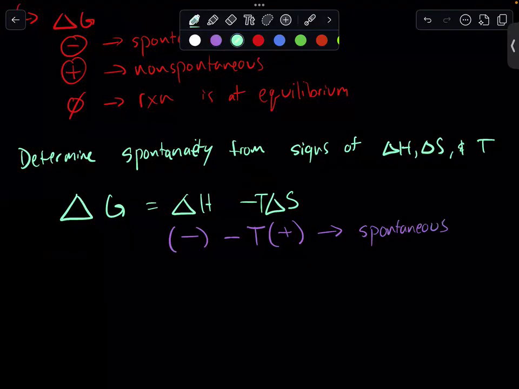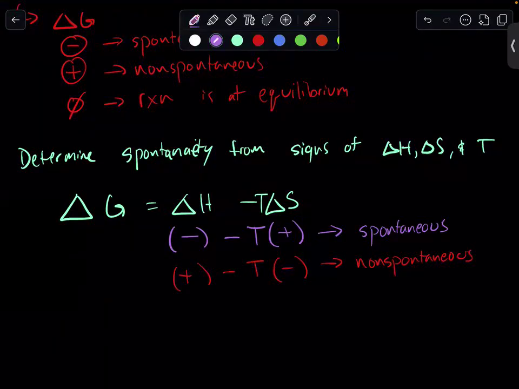Meanwhile, if we have a positive delta H minus T and a negative delta S, this will always be non-spontaneous. Positive minus a negative is always positive, therefore delta G is non-spontaneous.